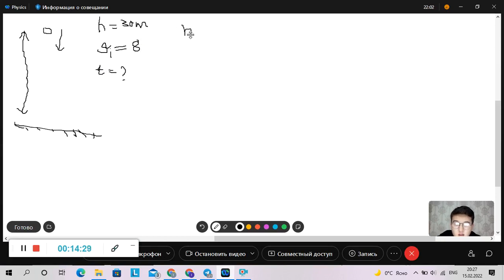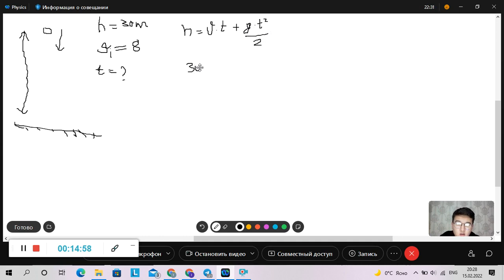We will write this formula. Height is equal to velocity multiplied by time, and we will write plus because the ball is moving down, plus gravity multiplied by time squared over 2.